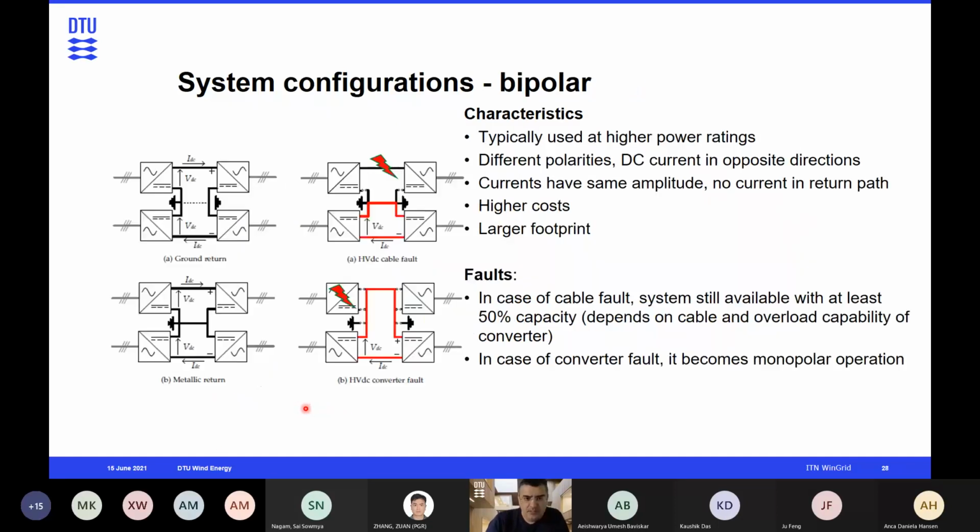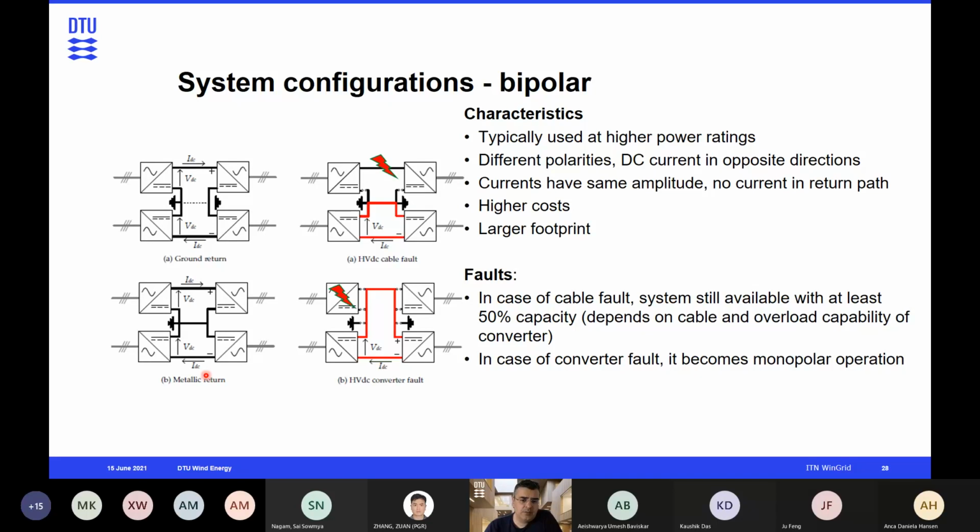The second one, the bipolar one, uses two converters on each side, and that will work again with ground return or metallic return. That, of course, has the disadvantage that it has more converters, so a higher initial cost, but it can also be used at higher power ratings, because there are still limits on the ratings of the IGBTs.